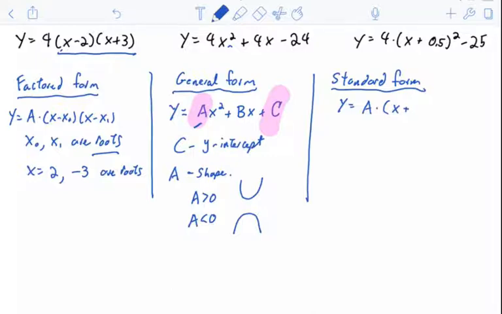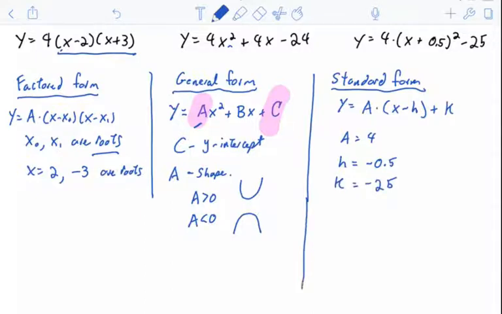Sorry, got to get these signs right. So in this case, the value of a is equal to 4, the value of h is equal to minus 0.5, and the value of k is equal to minus 25.